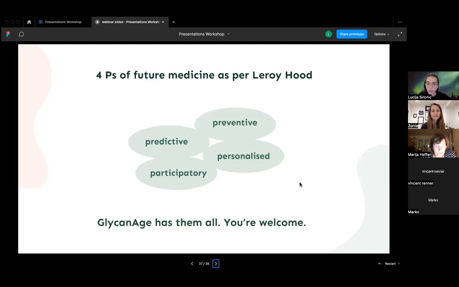And I think with GlycanAge, we do really have all four of them. I think participatory seems to be important. You want your clients to take action and to be proactive about their health, and all the other 3 are here. So we do hope that you use GlycanAge for all the right reasons.